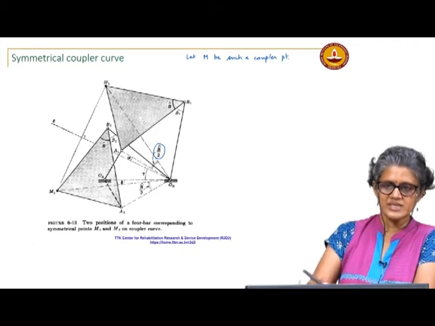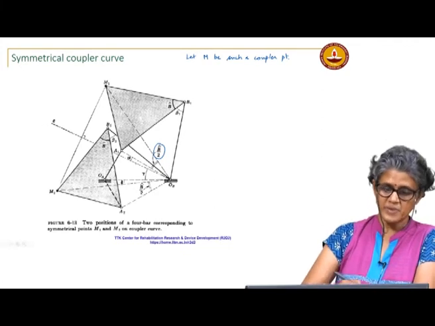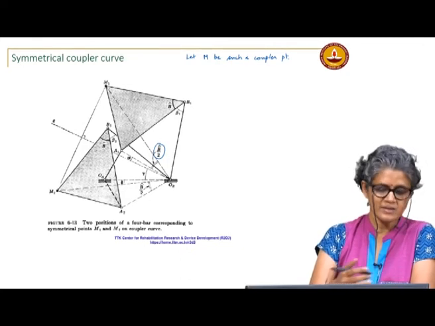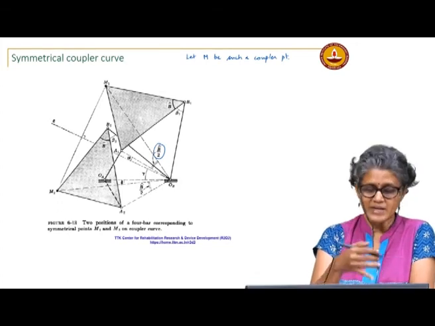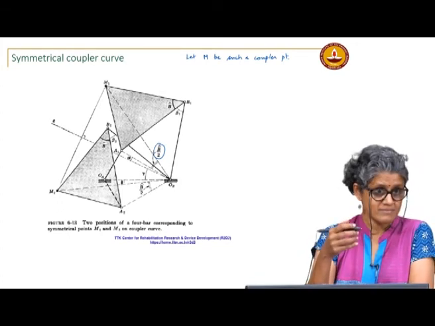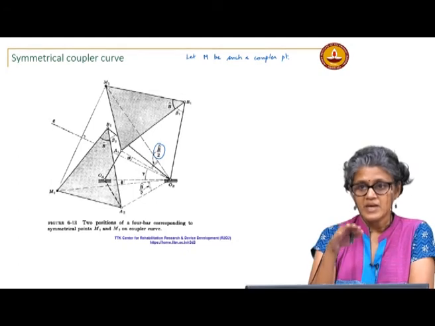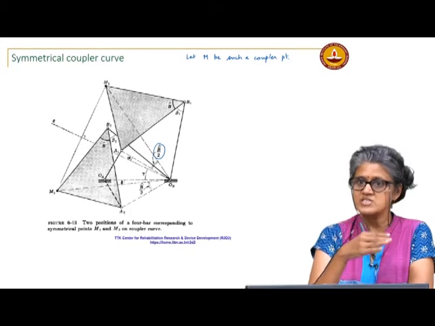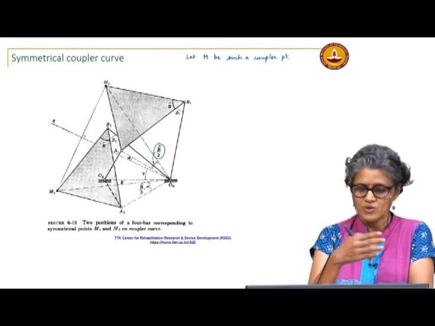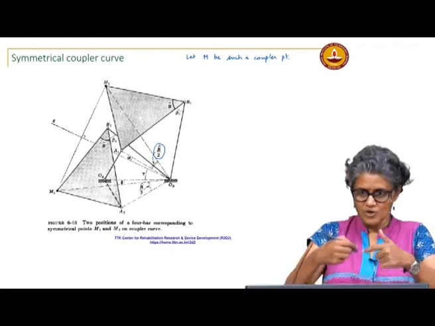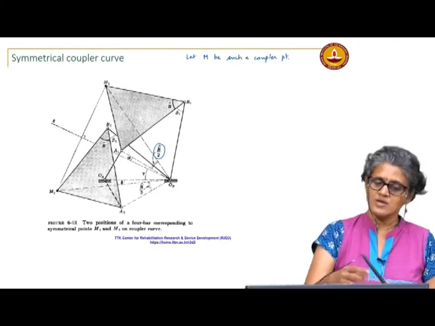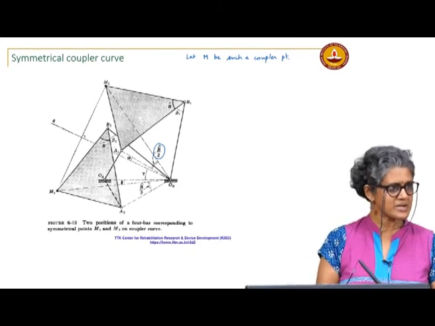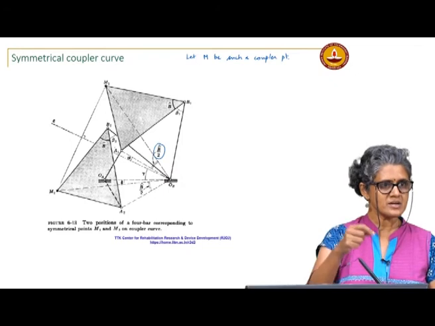You want to show that the frame line is basically the perpendicular bisector of M1 M2, and that it makes a constant angle to the frame, because then that will establish it. If you can show that, then it implies that it is a line of symmetry, it does not change. Okay. So, for all positions of the crank on either side of the fixed link, you will find that M is reflected about this line of symmetry. Okay. So, you get a symmetrical coupler curve.